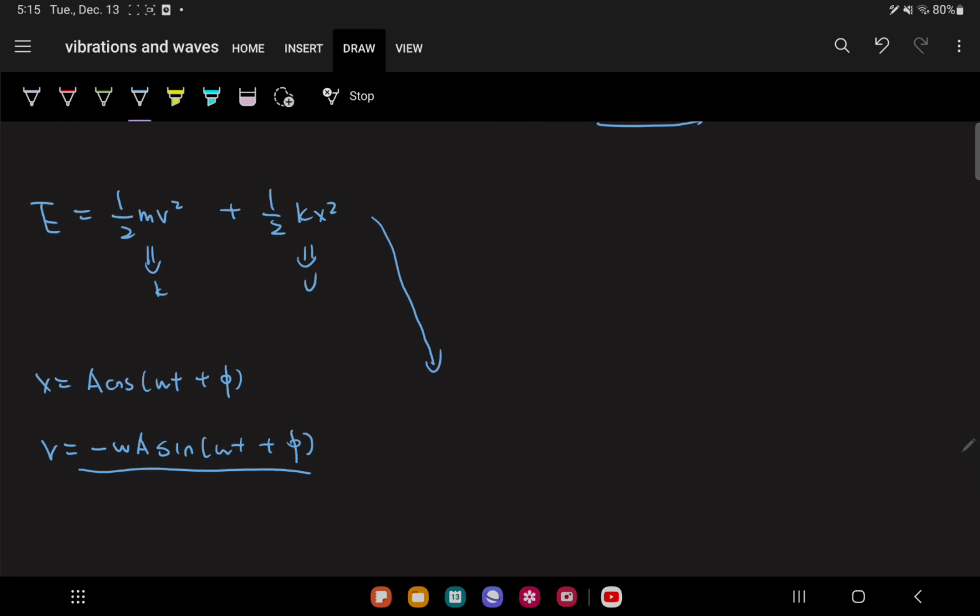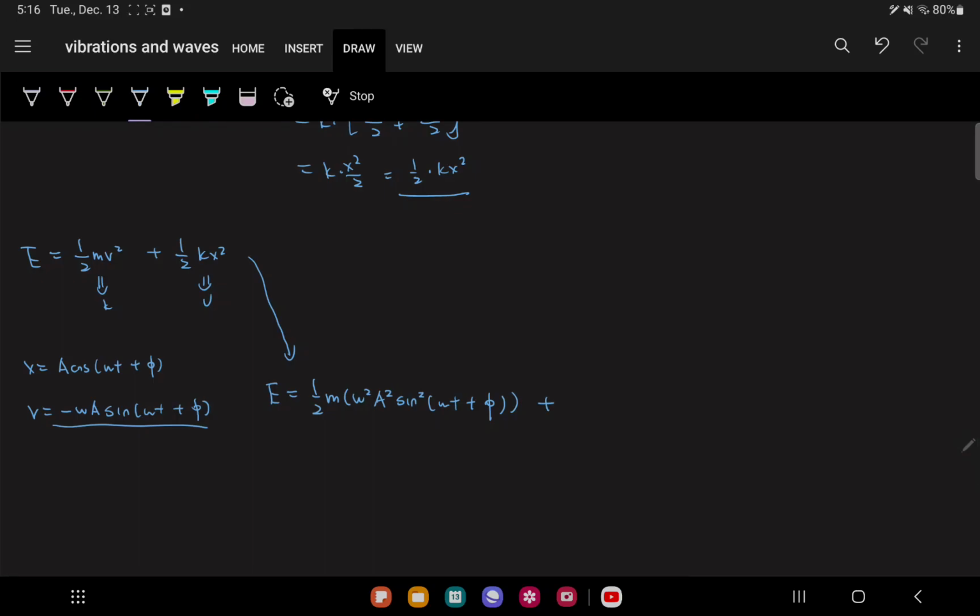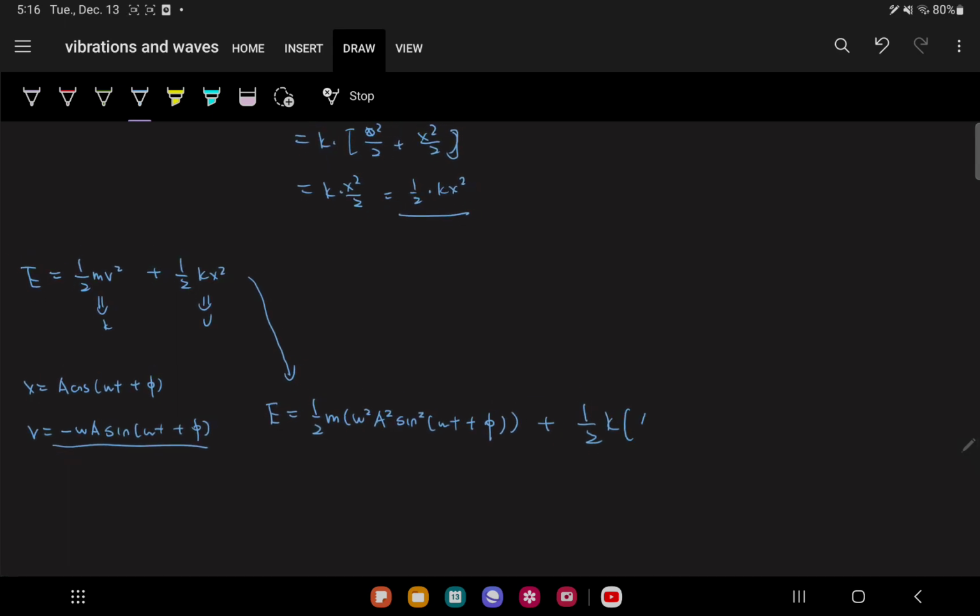So let's do that. E is equal to 1/2 m v squared, so that's omega squared A squared sine squared(omega t plus phi). And then plus our potential energy, which is 1/2 k, we have A squared cos squared(omega t plus phi).